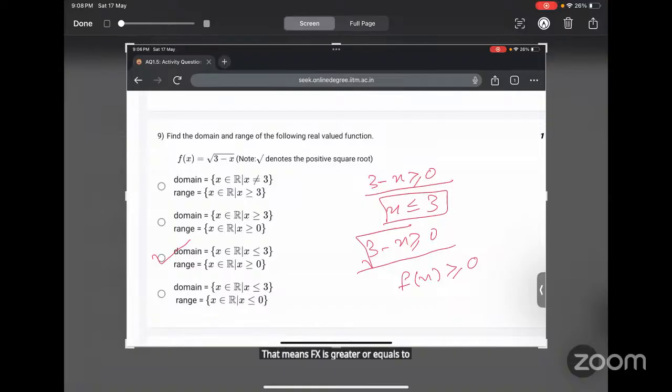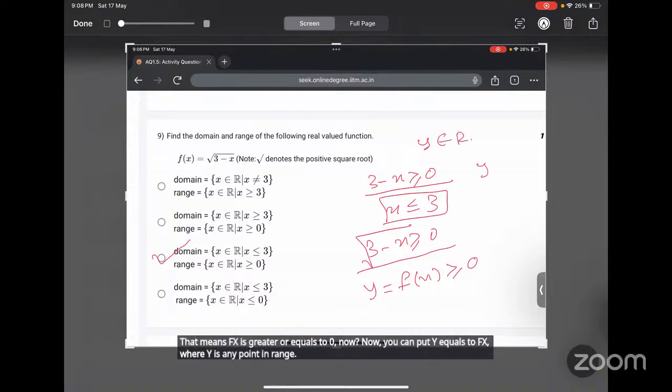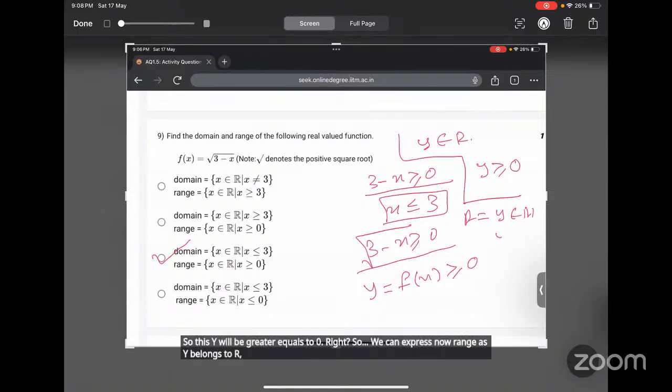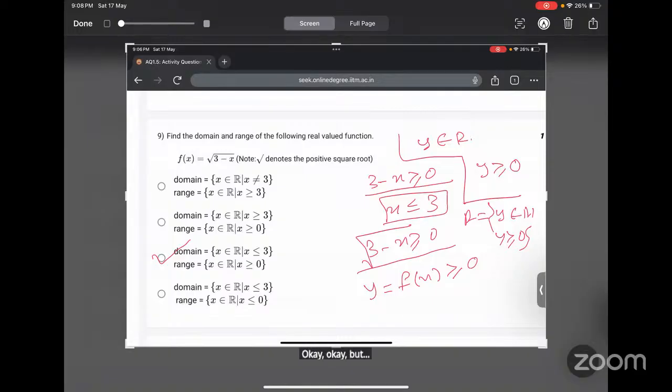Now you can put y equals f(x), where y is any point in the range. So this y will be greater than or equal to 0. So we can express the range as y belongs to R such that y is greater than or equal to 0. These are just variables, so you can replace them. Instead of y, they've used x. They're just variables, so you can use the same to express the set.